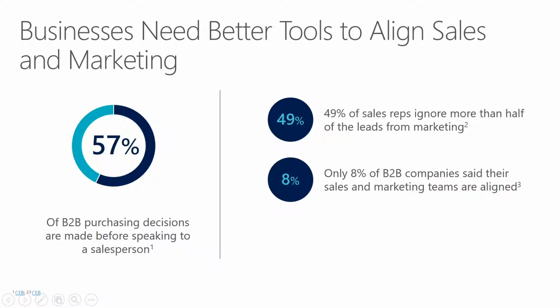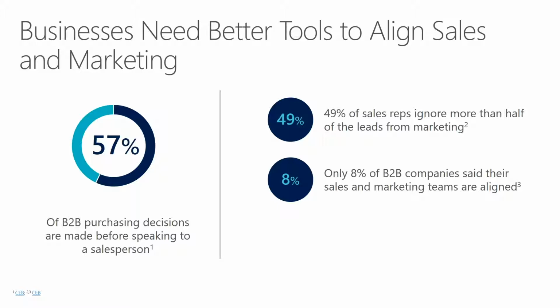Now, with most businesses today, the sales and the marketing teams have often worked in silos, and there's a lot of history and reasons for this, based on some of the things I just mentioned, in terms of not a lot of leads, the quality of leads, and so forth.